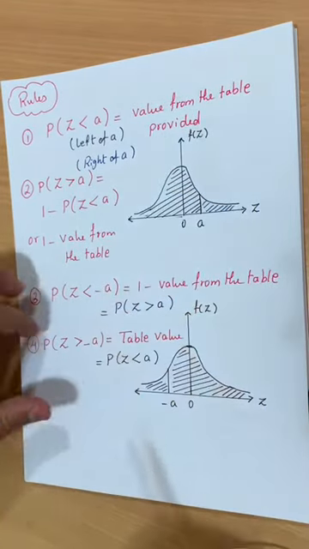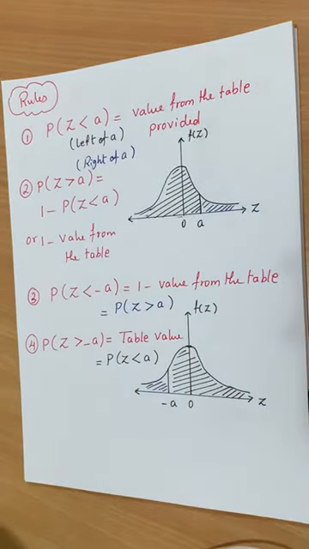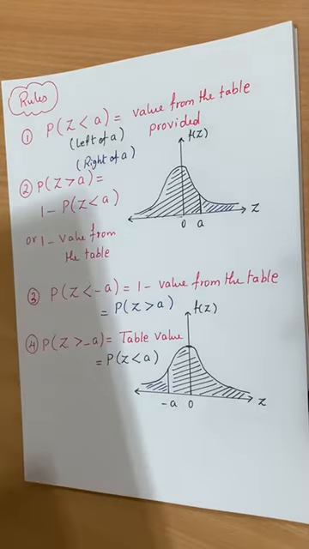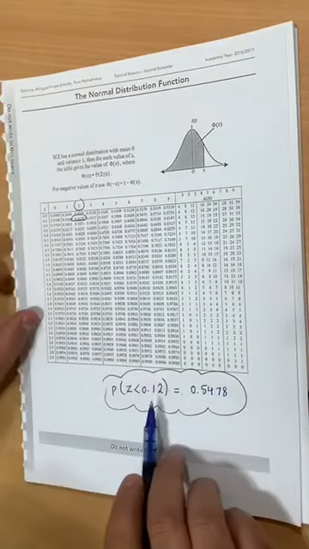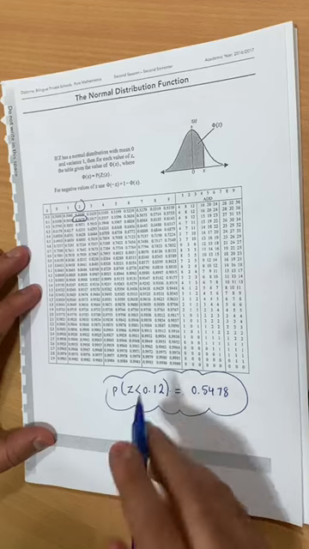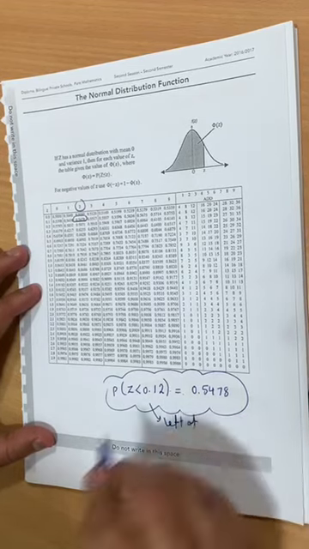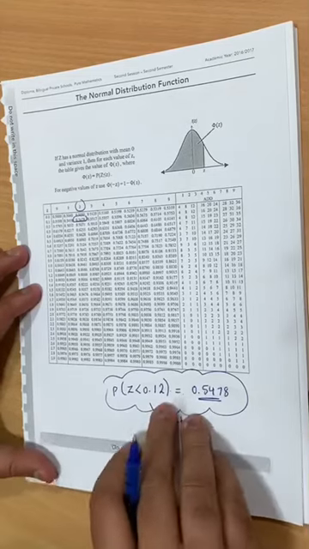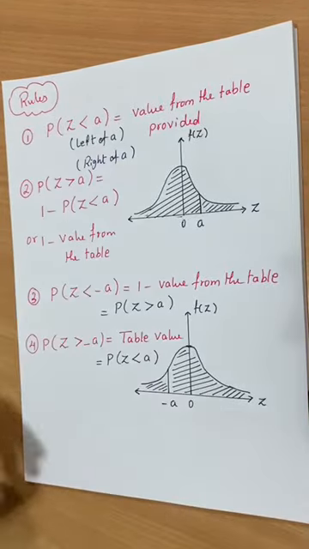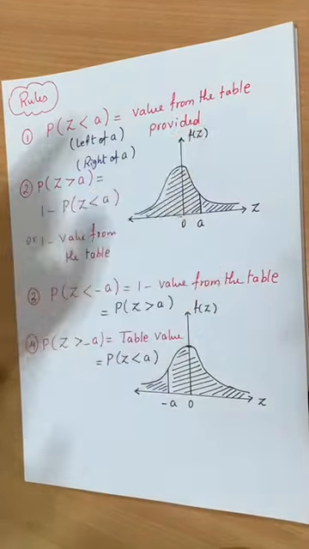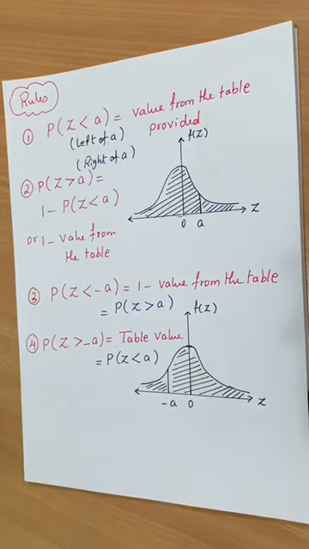That's why we use the table as we did here. Z less than, this is left of 0.12, so you have to find directly the value from the table. Value from the table is representing the area at the left of the positive value.